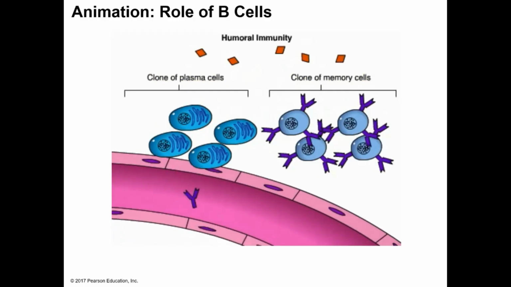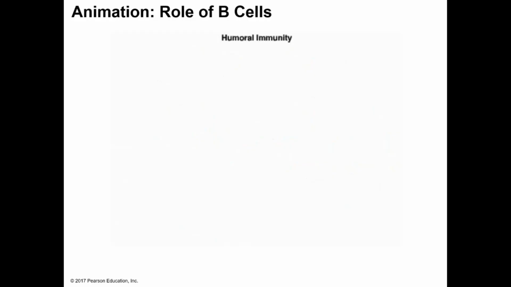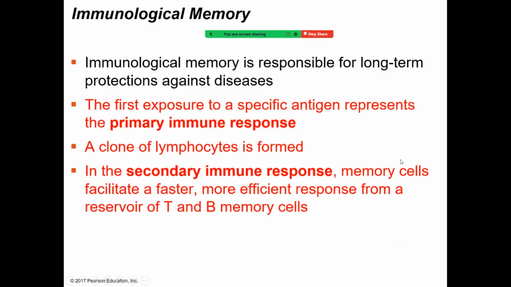They produce and secrete antibodies in increasing amounts, peaking about 2 weeks after the activation of the original B cell. These antibodies flow through the body's fluids and tag the original foreign antigen molecules, marking them for destruction. So those are B cells, and that was the humoral response that we're talking about.